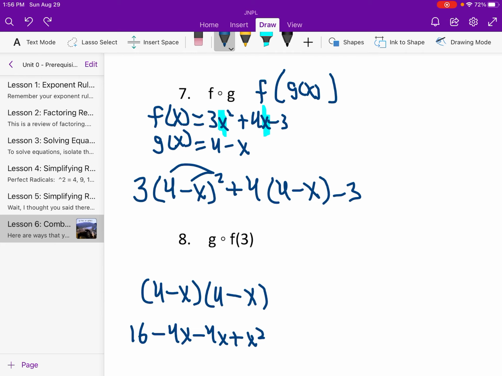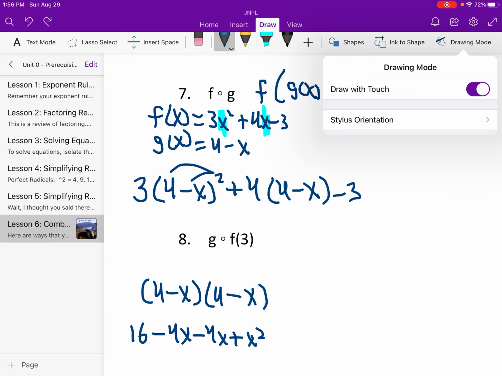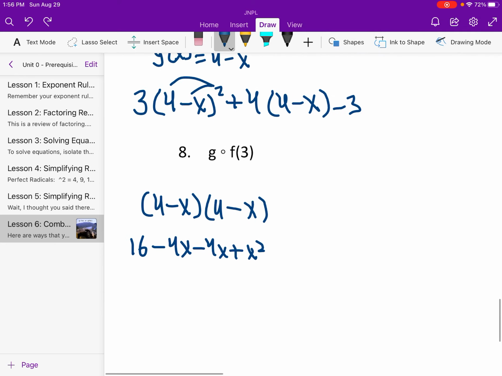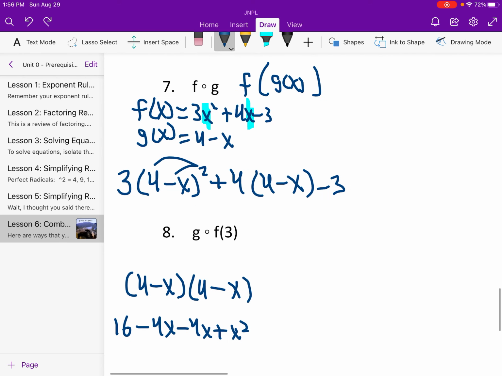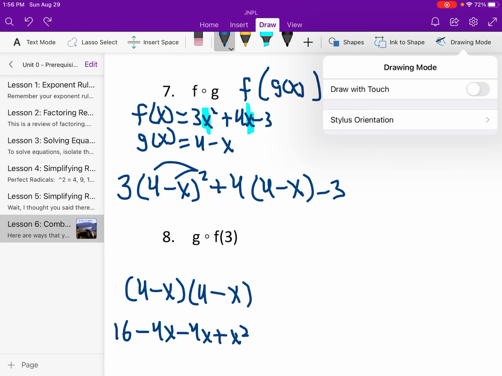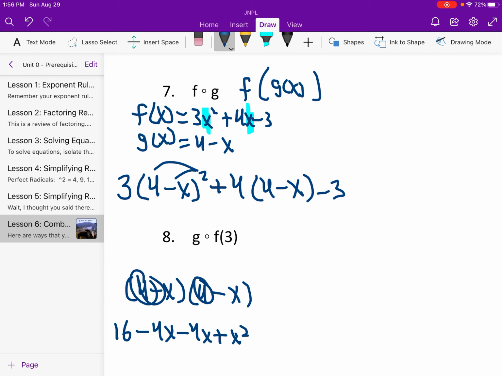I don't have time to explain right now. I just multiplied these, and then those, and then those. You have to do every combination that there is. So to put this in order, we'll just do x squared, combine those, minus 8x plus 16.